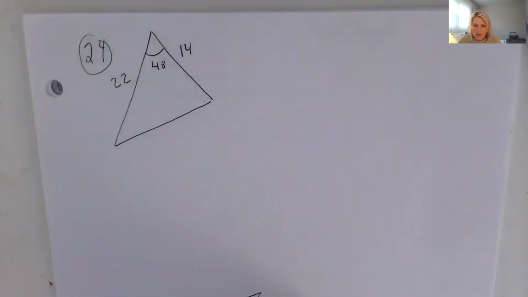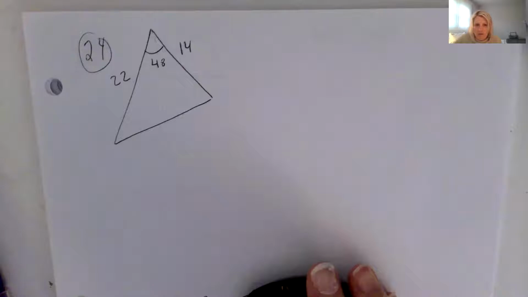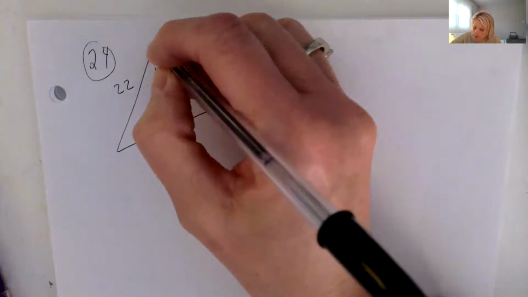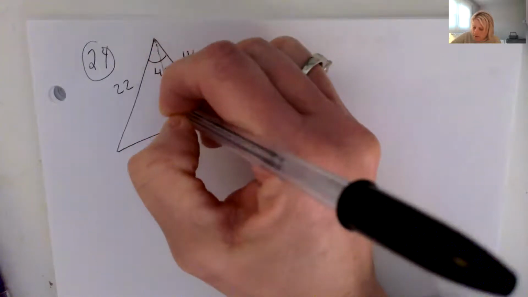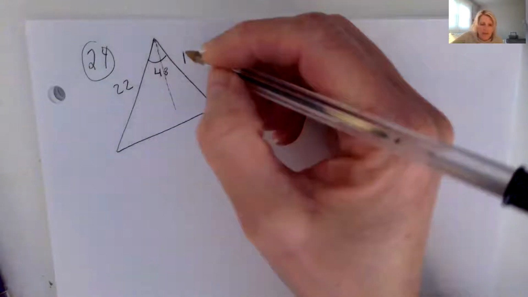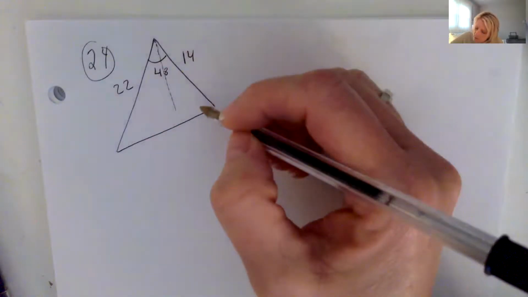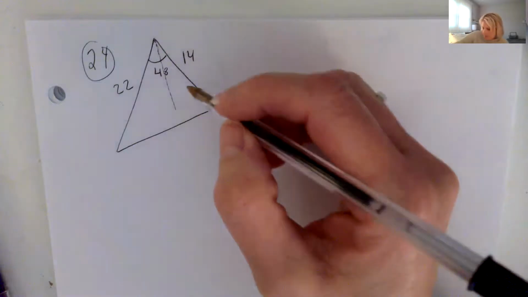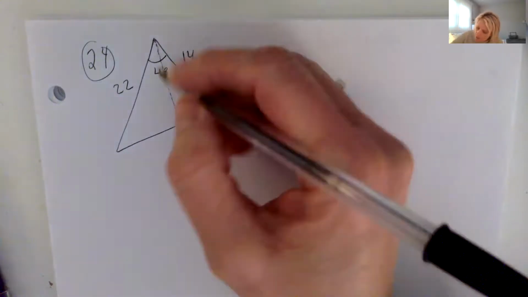We are going to use our law of cosines here. So we're going to draw a perpendicular line. Actually, we want to be able to use that angle, so either way, we're going to have to find.